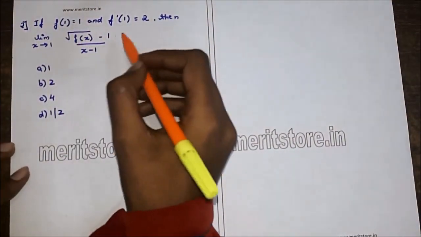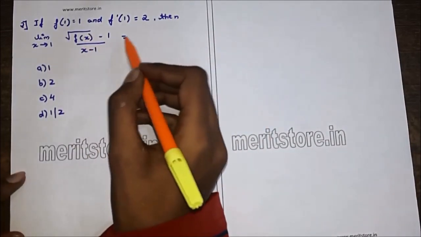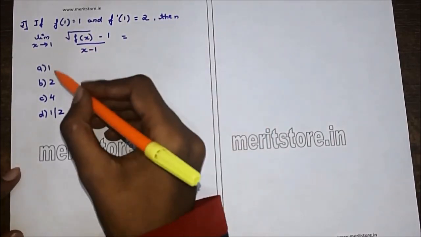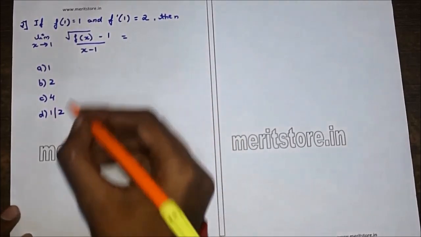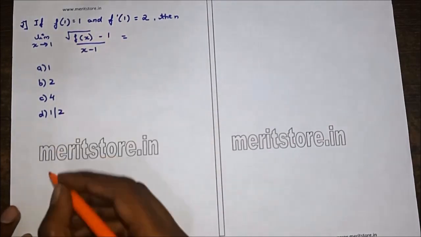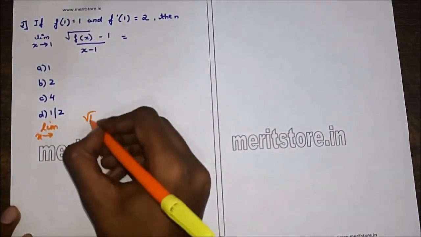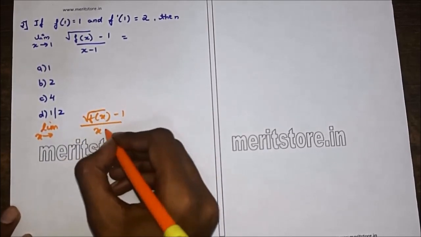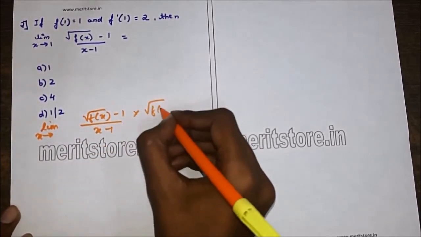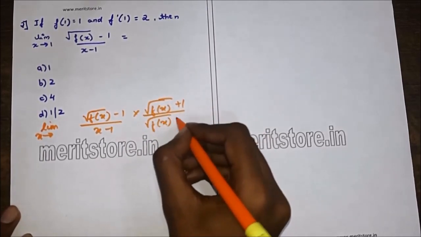If f of 1 is 1, f dash of 1 is 2, then limit x tends to 1, root of f of x minus 1 upon x minus 1 is what? The options are 1, 2, 4 and 1 by 2. First we multiply and divide by its conjugate. So this is limit x tends to 1 root of f of x minus 1 upon x minus 1 into root of f of x plus 1 upon root of f of x plus 1.